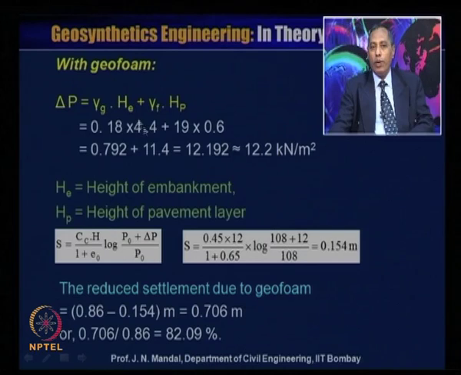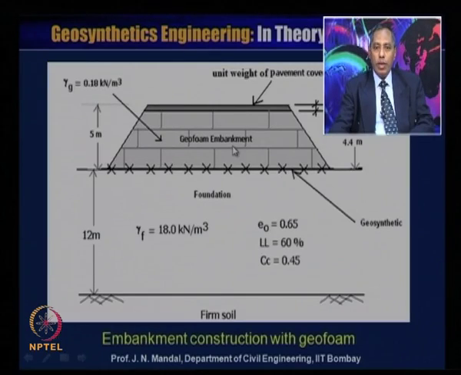I showed you that He is 4.4 plus that, because on the top here that asphalt overlay is there, the density is 19 and Hp is 0.6. So I am just showing you here again.